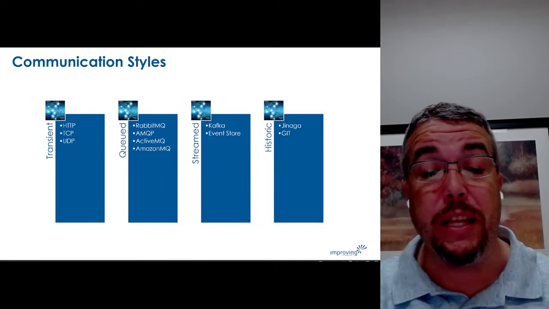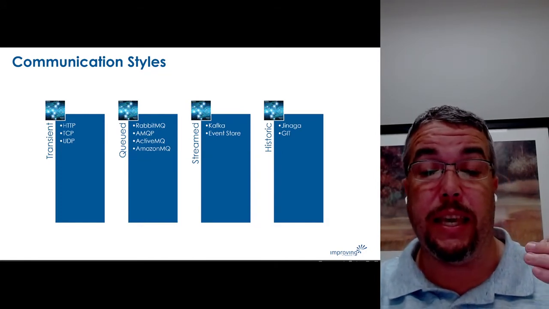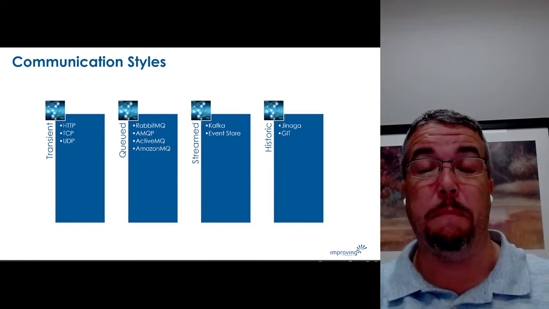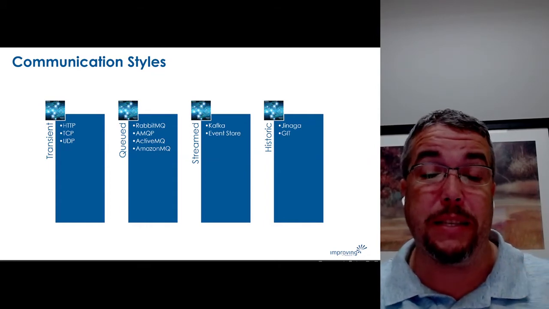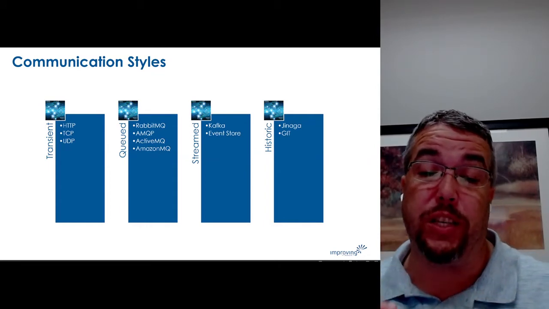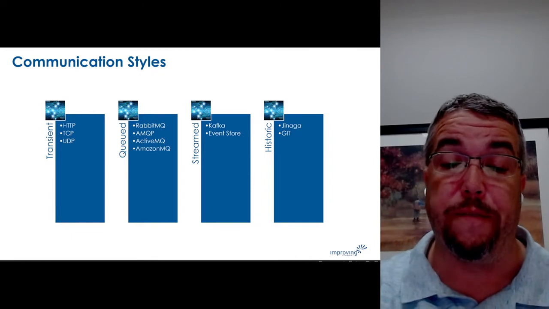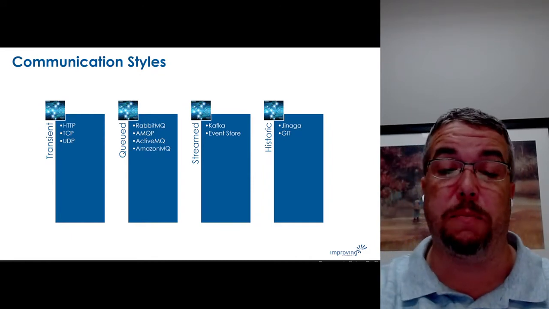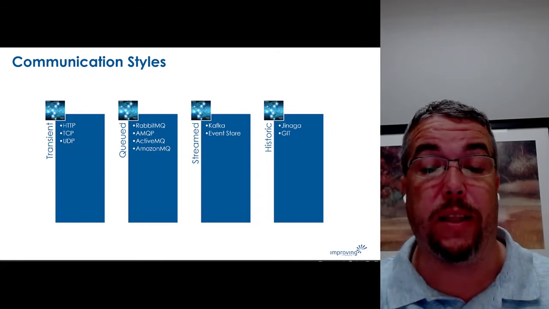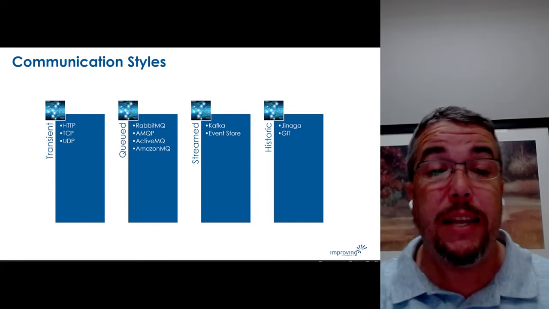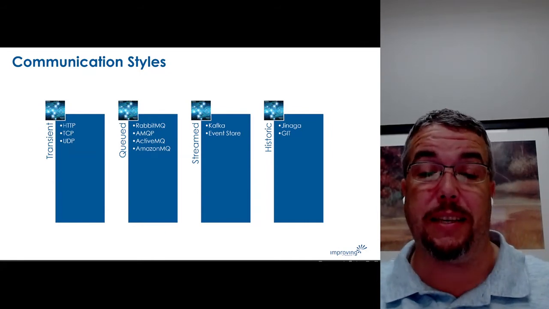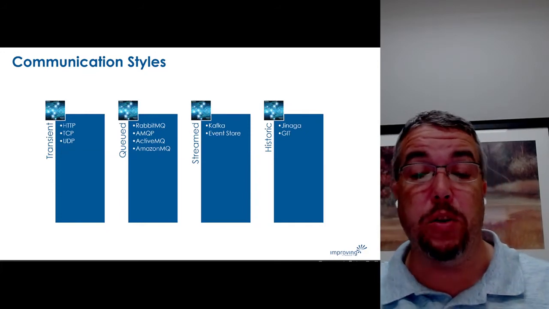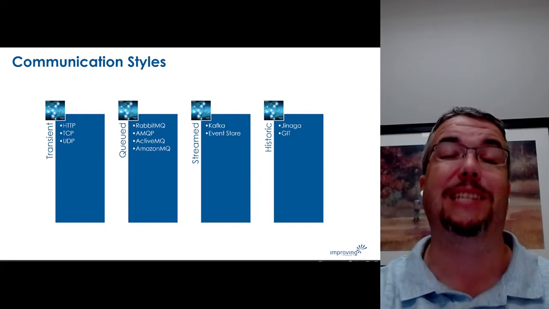These days, I really view the message type and the message communication structure of your system falling into one of four camps. The first, and the easiest for most people who have come from a web development background to understand, is a transient communication style, the most common of which here is HTTP.